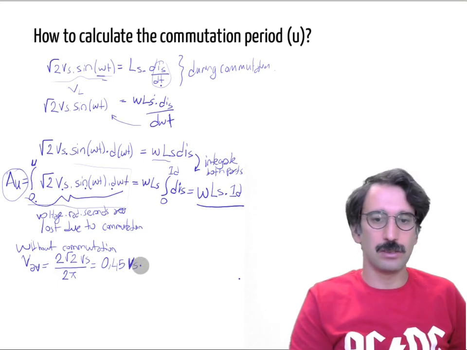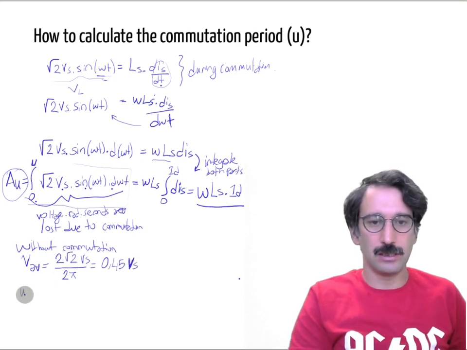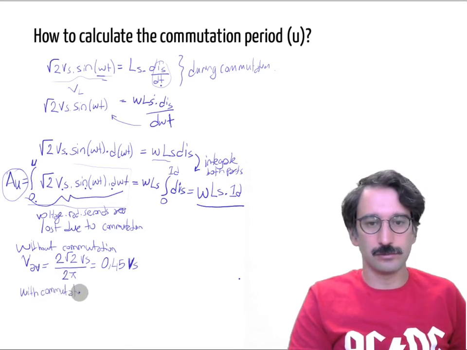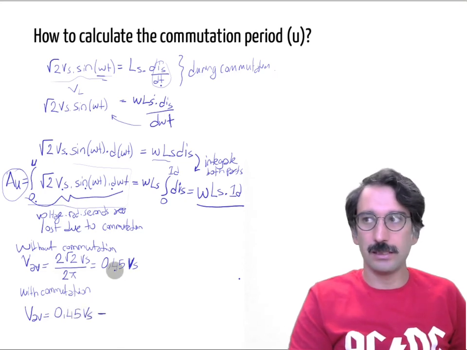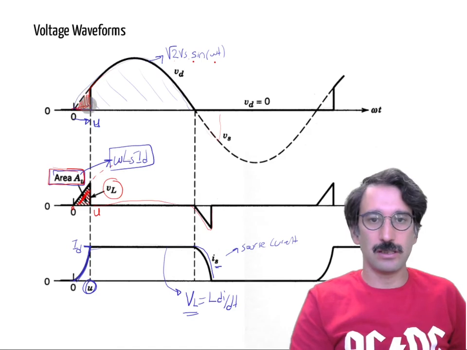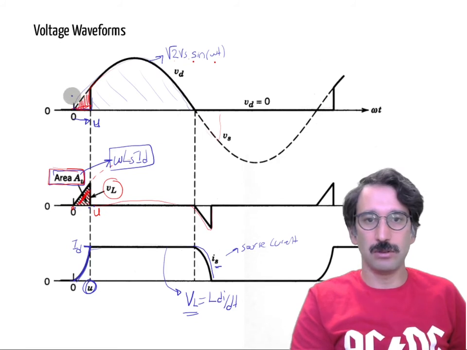Okay, so this was without commutation, and with commutation, yes, that is the area. So V average will be 0.45 Vs minus the average voltage reduction. So I have to divide, remember, this is not voltage, this is area in voltage seconds, or voltage radian seconds. I want to get a unit of voltage, so I need to divide that reduction over one period.